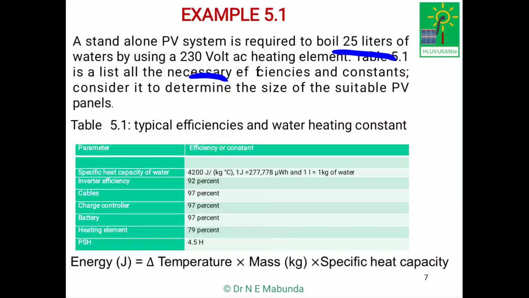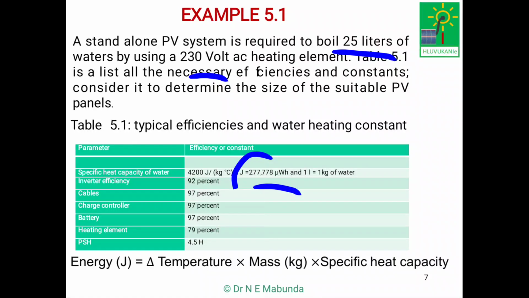So it's 4,200 joules for every kilogram and degree Celsius. But where 1 joule, remember we work in watt hours, is equal to 277,778 microwatt hours.